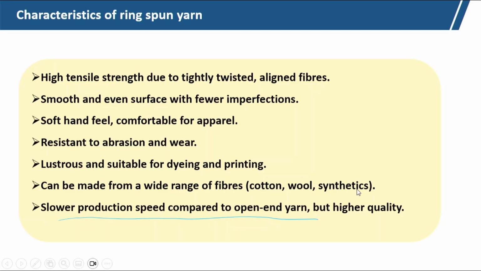Another disadvantage is that we have to go for roving manufacturing. In other modern spinning we directly get the yarn from the sliver, bypassing the expensive and complex roving process, because the roving process adds to the cost.